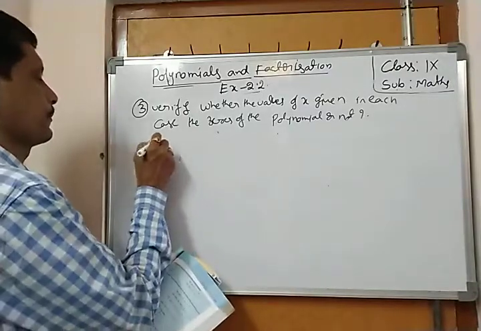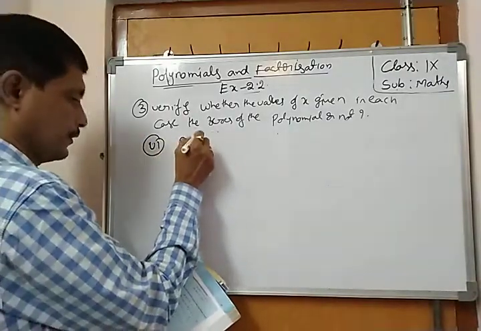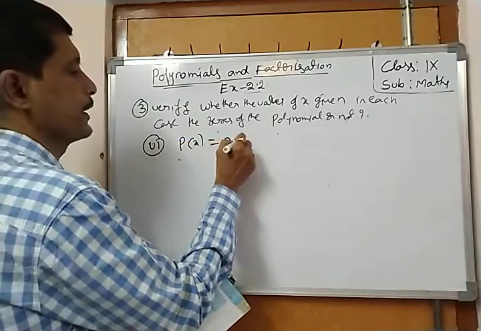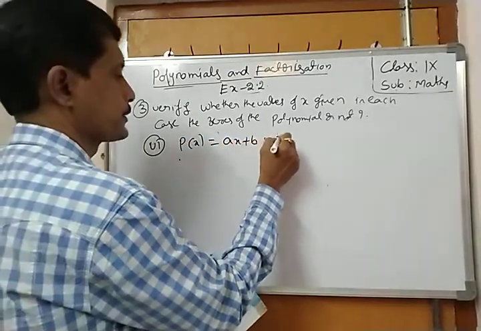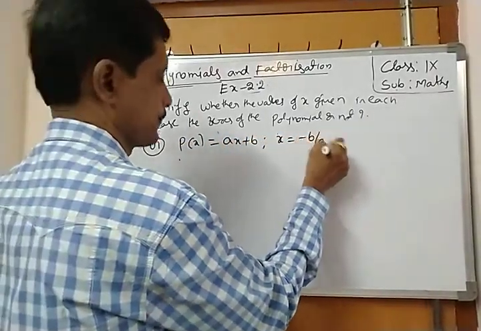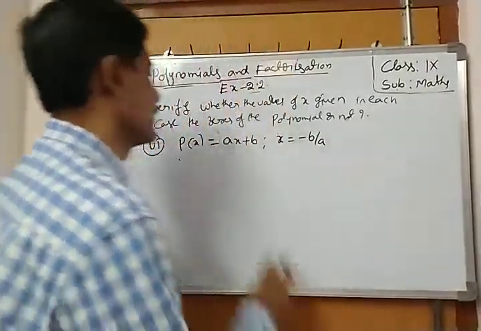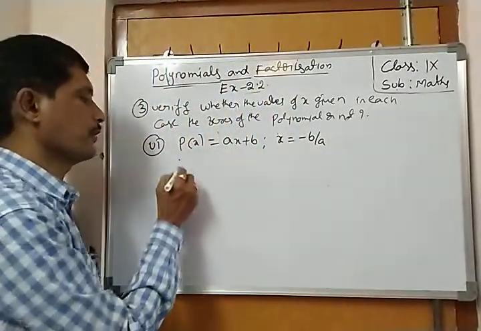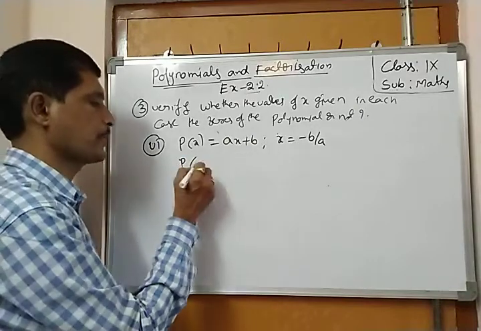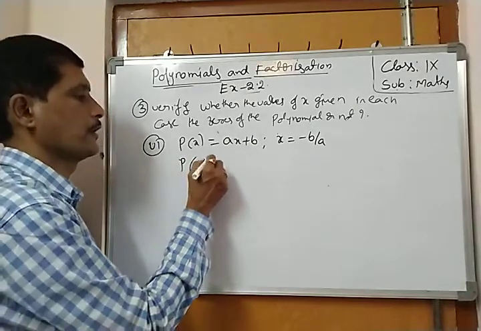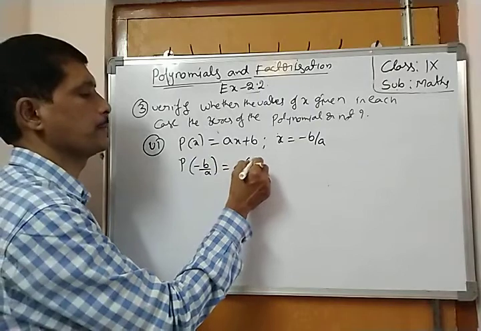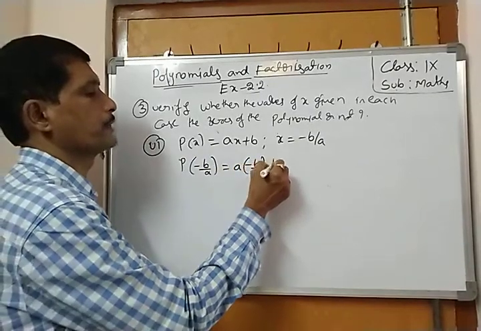Sixth question. Here P of x equals ax plus b, where x equals minus b by a. Therefore P of x is replaced by minus b by a. Therefore a into minus b by a plus b.